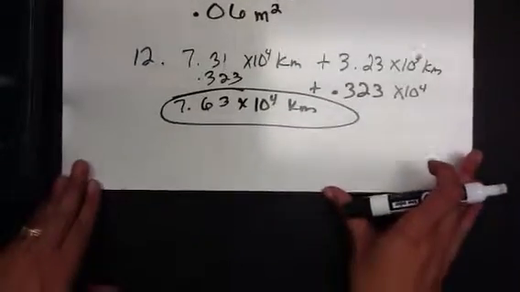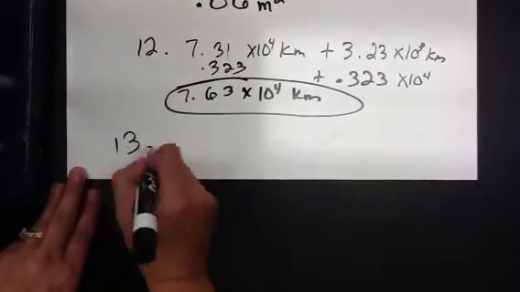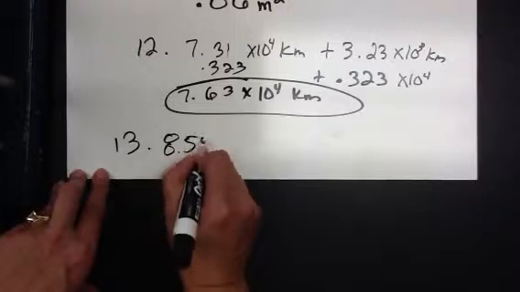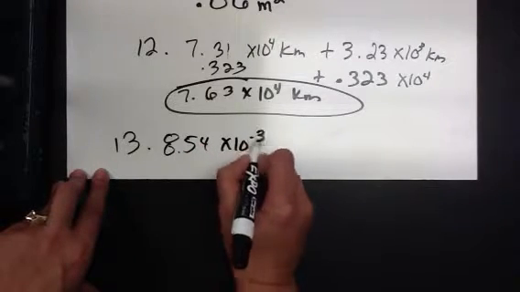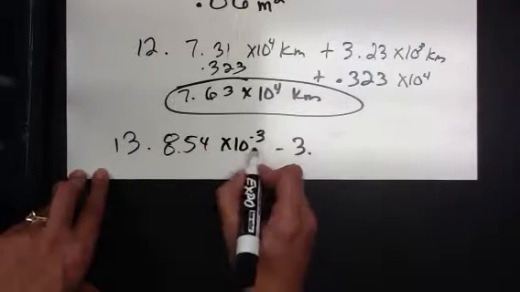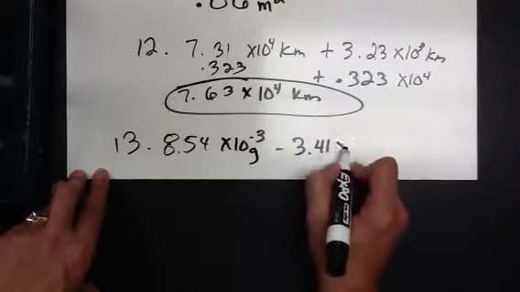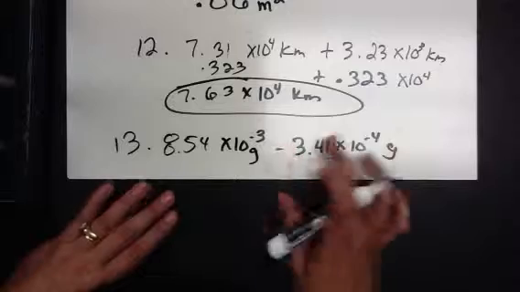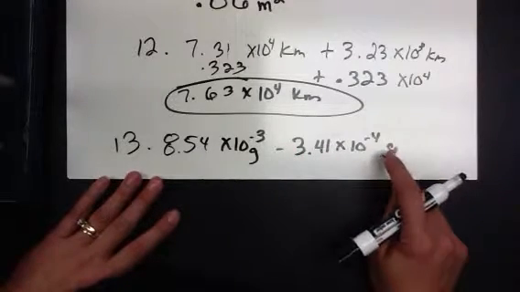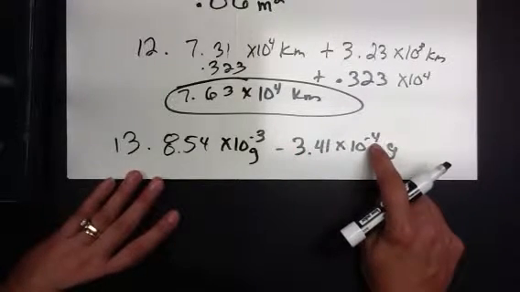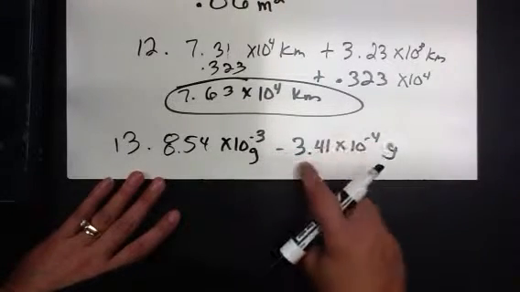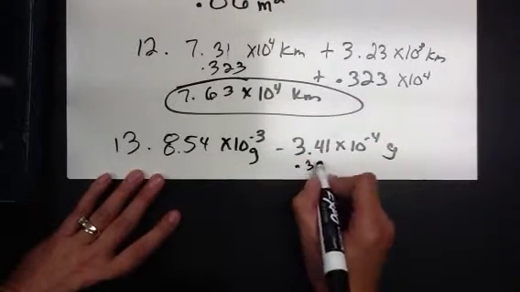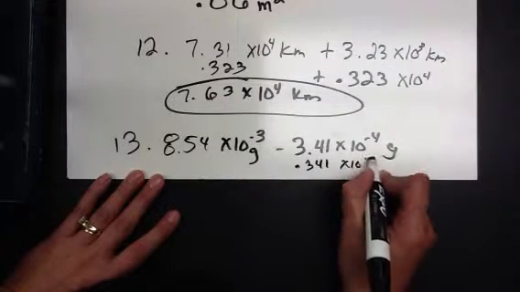Alright, let's do number 13. We have 8.54 times 10 to the negative 3rd grams, and we're subtracting 3.41 times 10 to the negative 4th grams. Same thing with subtracting, I've got to get them to the same place. I'm going to take this one to negative 3, just because I know that's going to be larger. So moving left to larger comes 0.341 times 10 to the negative 3rd.